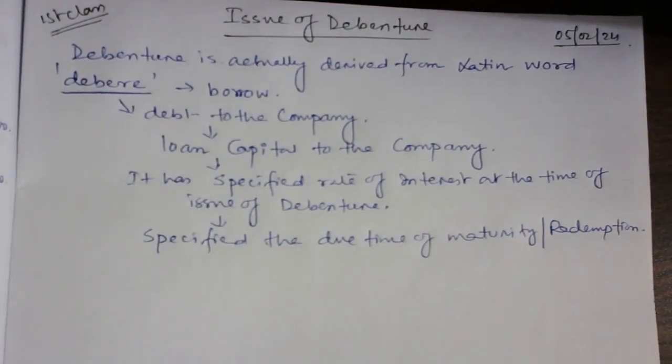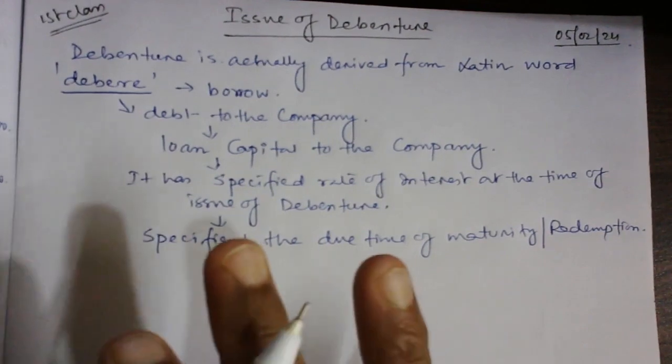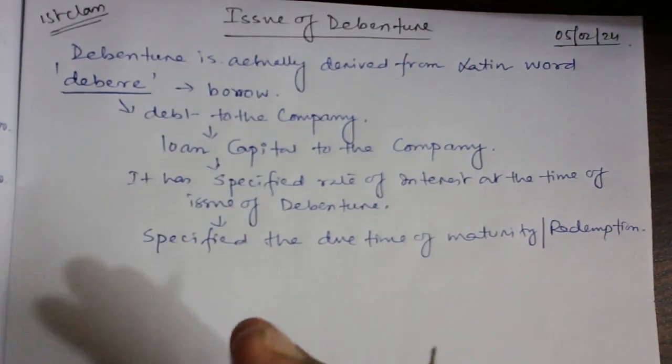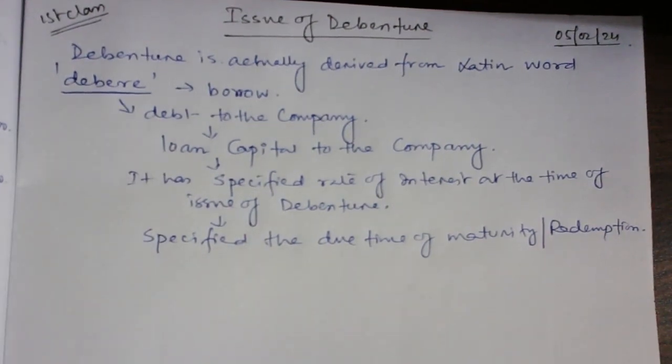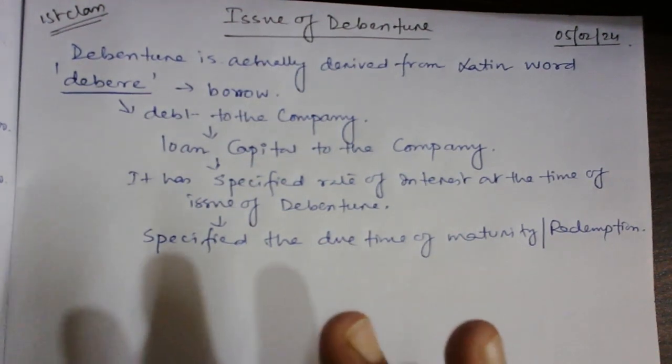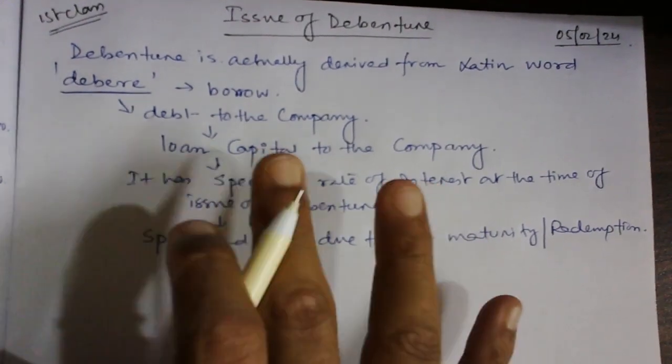Okay, and see, as per Companies Act section 2 clause 30 में debenture का definition दिया है. Debenture includes debenture stock, bonds and any other security of the company, whether constituting a charge on the assets of the company or not. This definition is not quite comprehensive. You can just remember it for the timing.